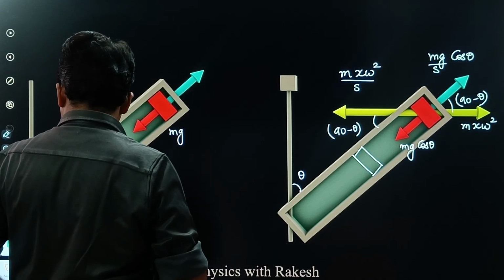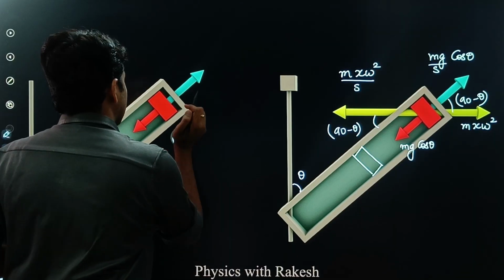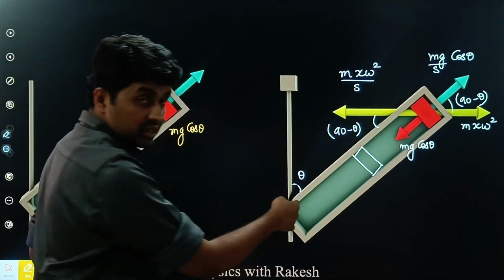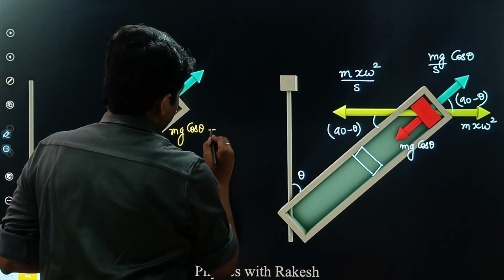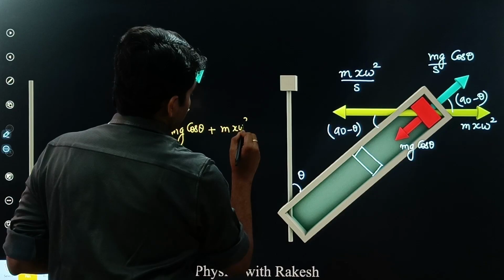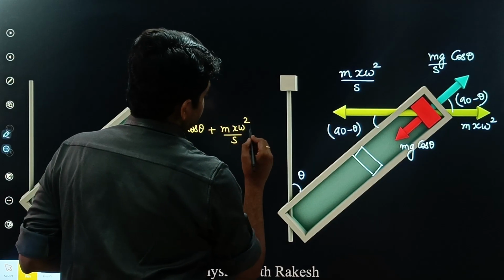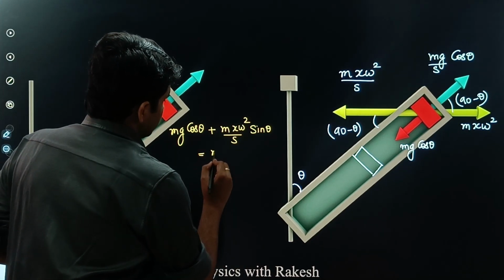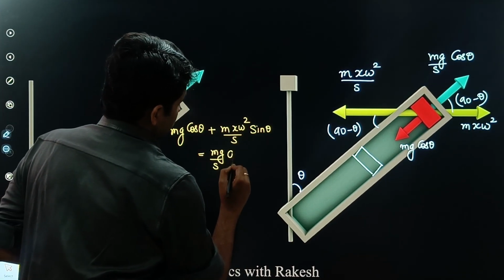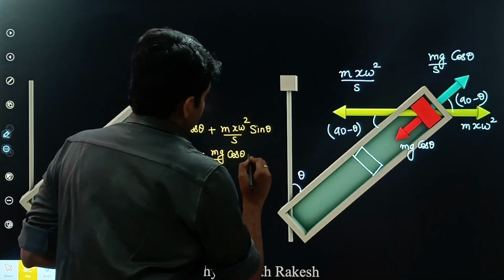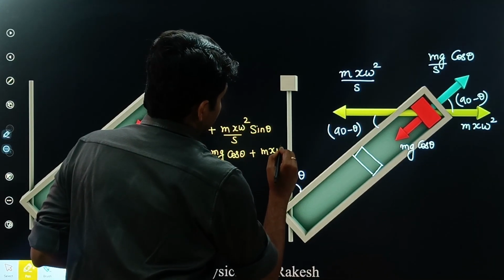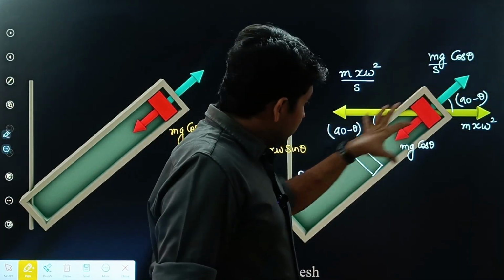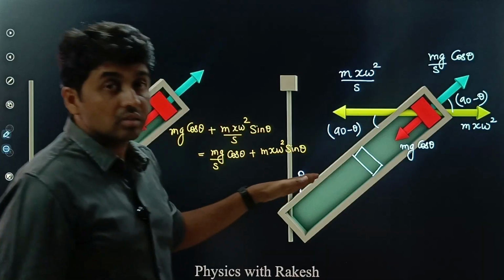Just a minute. mg cos theta plus mx omega square by s sin theta equal to plus mx omega square sin theta. It is in equilibrium, so we are balancing all the forces in this direction.